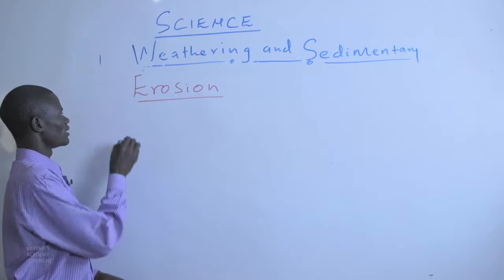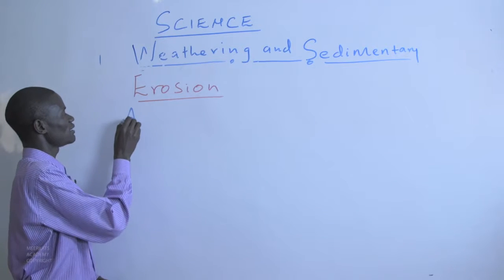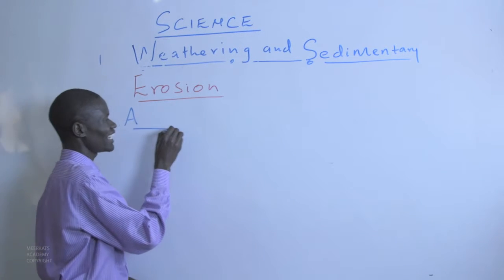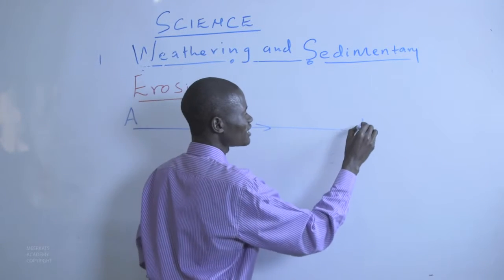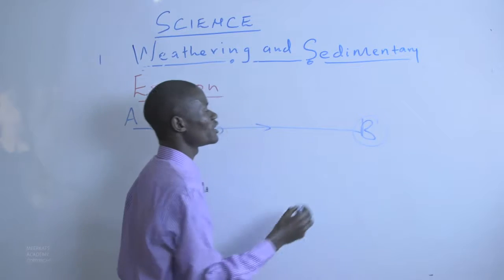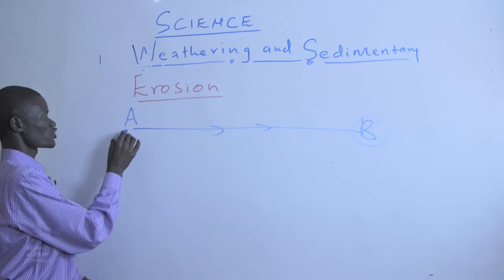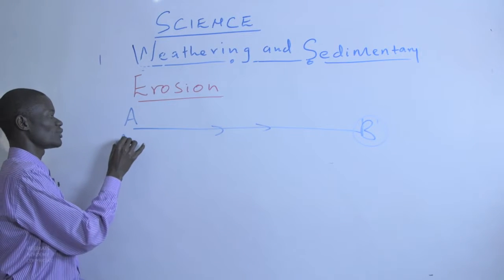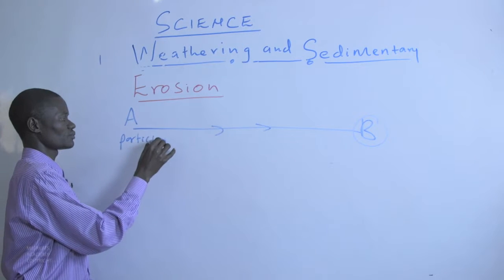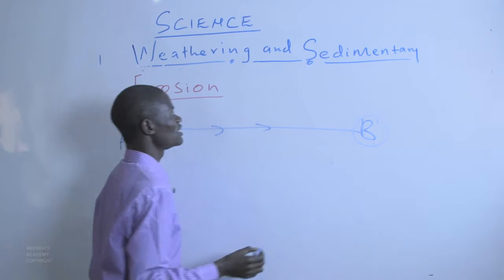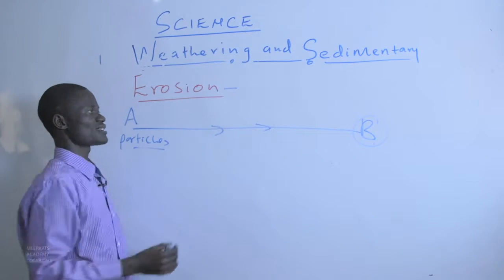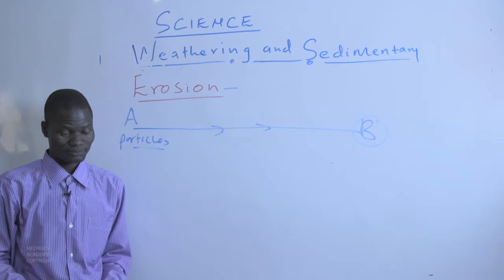For example, material had been found at point A, and then it's being moved and therefore deposited at point B. This process of moving these weathered particles from point A up to point B is what is referred to as erosion.